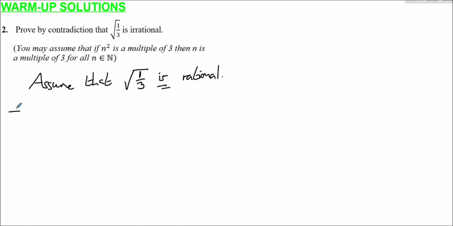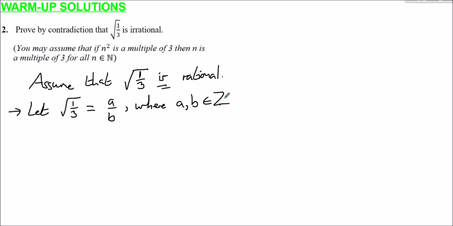So therefore what we're going to do is we're going to let the square root of 1/3 equal a over b, where a and b are both integers and a over b is a fraction in its simplest form.